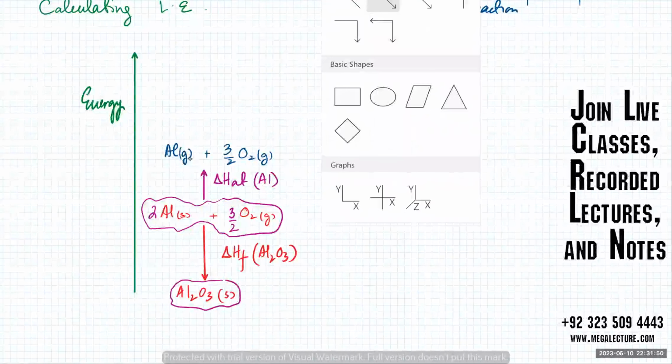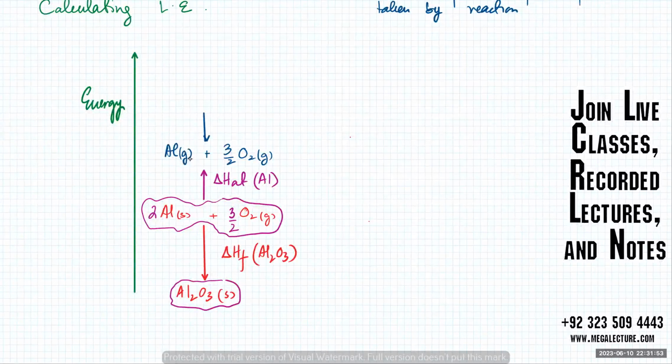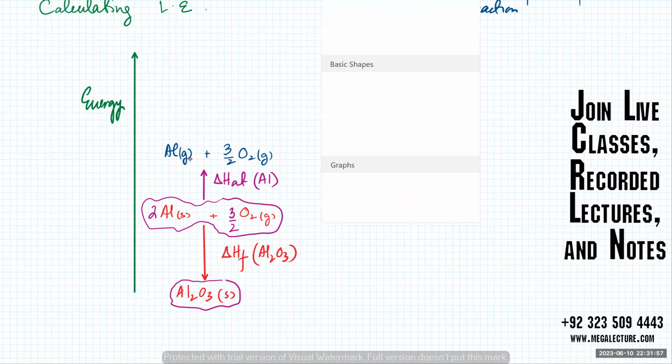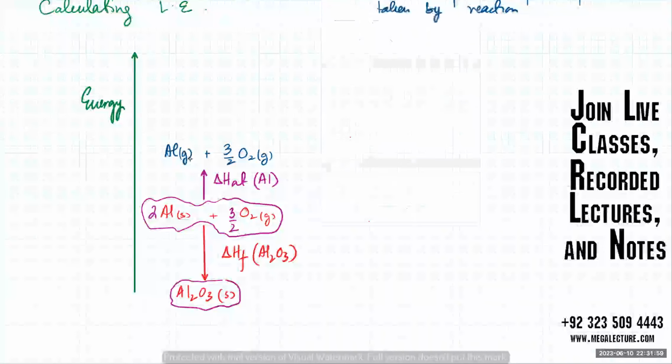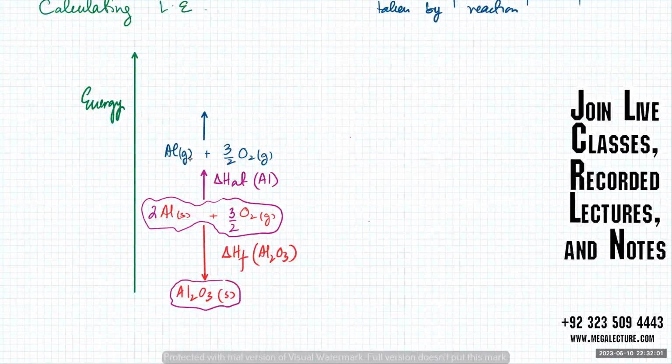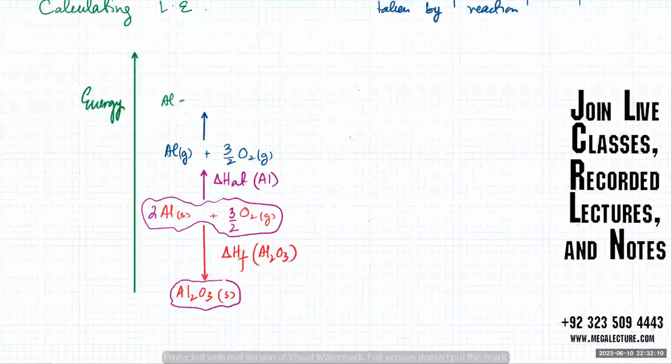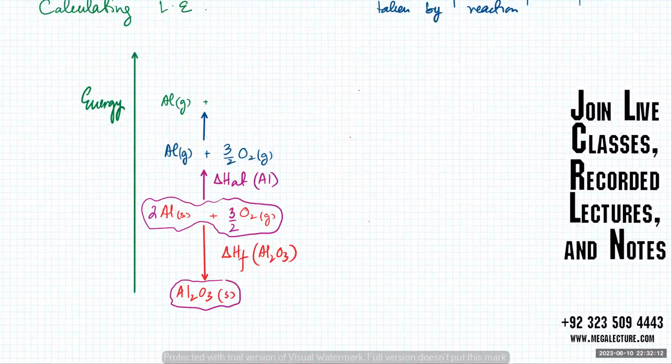Next step, I'm going to atomize oxygen. The aluminium is already done. Aluminium is already a gas, split into atoms, and there would be two of them. So the enthalpy of atomization of aluminium will be multiplied by 2.